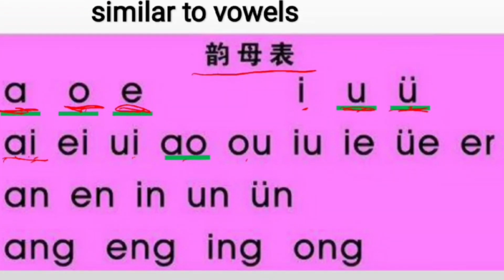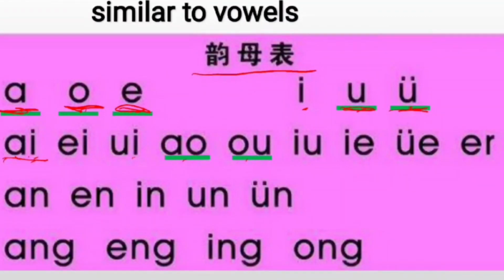You may pay attention to ao because A and wo don't make the ao sound. But it's okay. We'll come back to it when we come across those sounds, and you will remember it slowly. You don't require yourself to remember all of these.